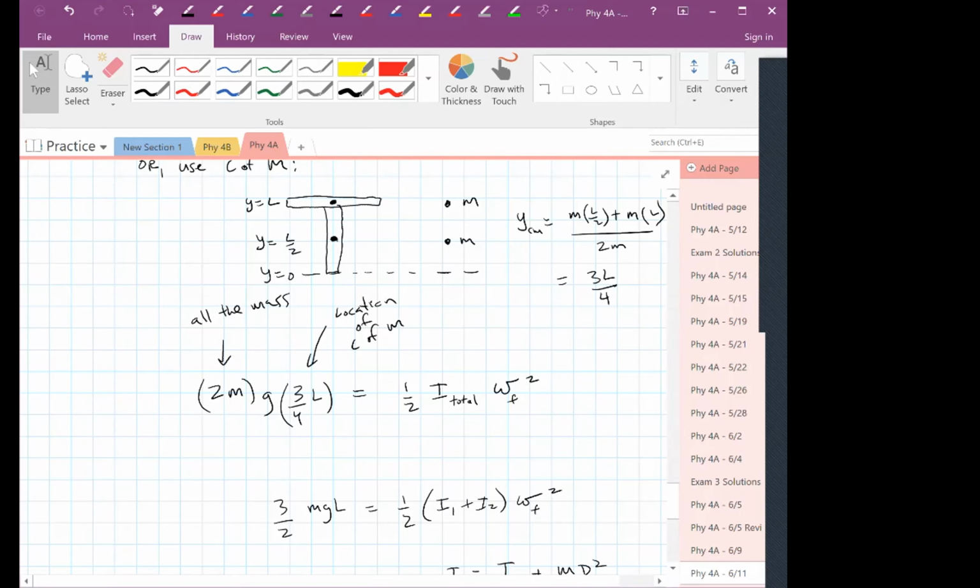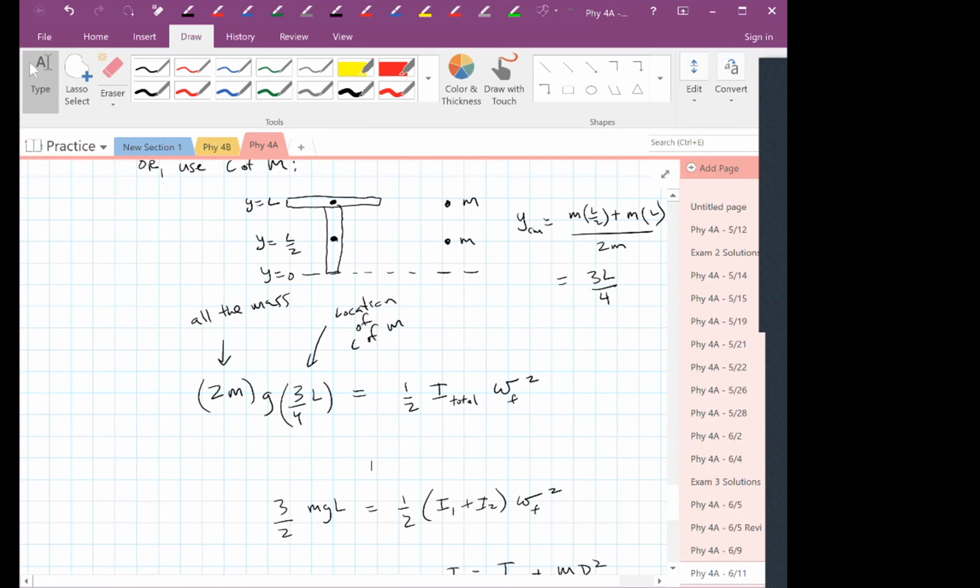We're only treating it like a point mass for gravitational potential energy. On the left side of this equation, we're treating it like a point mass for gravitational potential energy. On the right side, we are not treating it like a point mass, cannot do that for energy or I or anything like that.